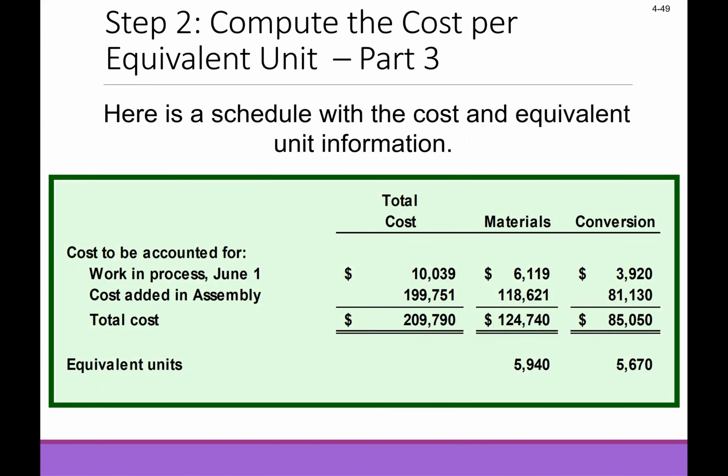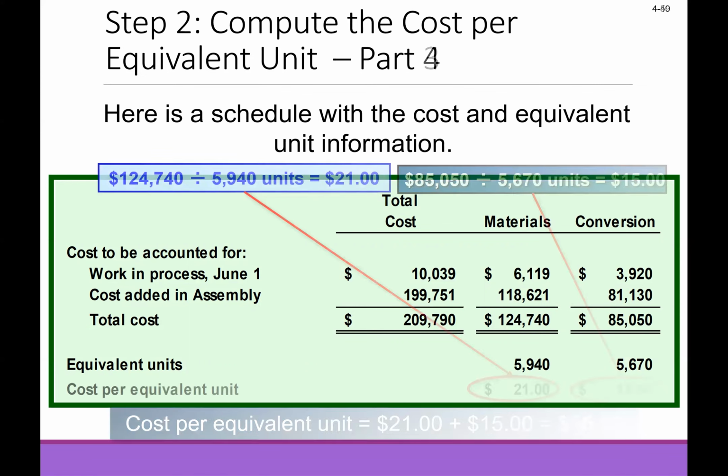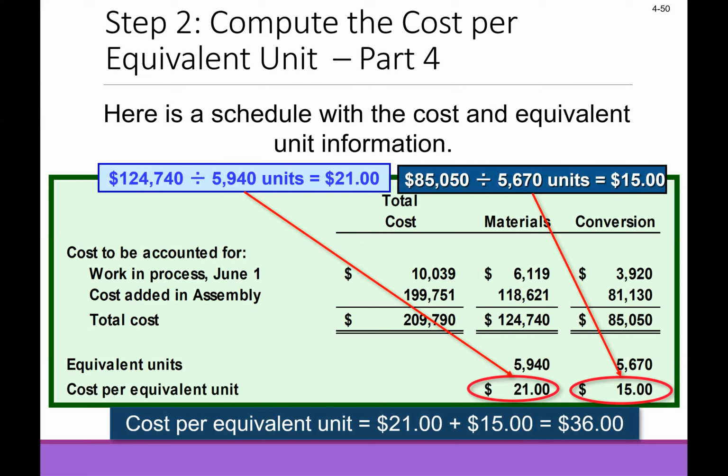As of June 1st, we have material cost of 6,119, conversion costs of 3,920. We add to that the costs added during the period, gives us our total cost. If we know our equivalent units, we can then come up with a dollar amount per equivalent unit in the materials department and in the conversion department.